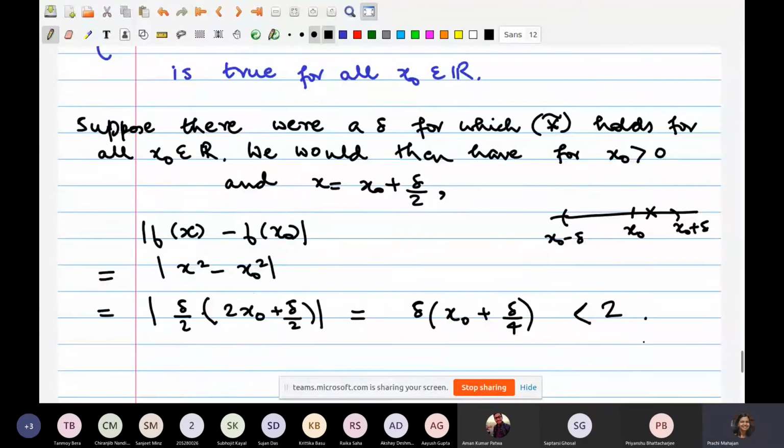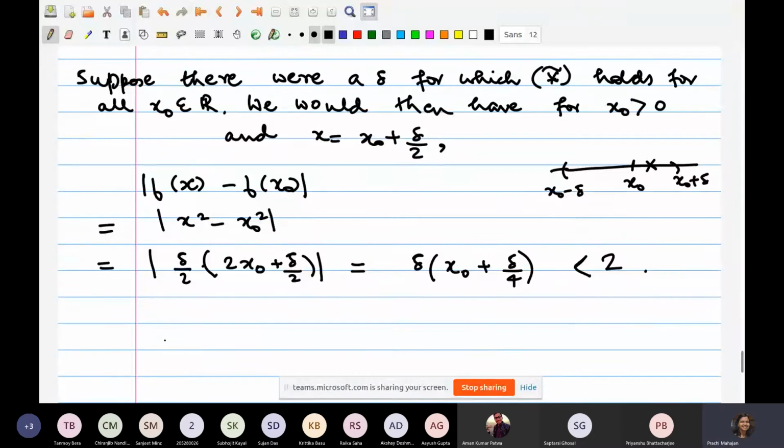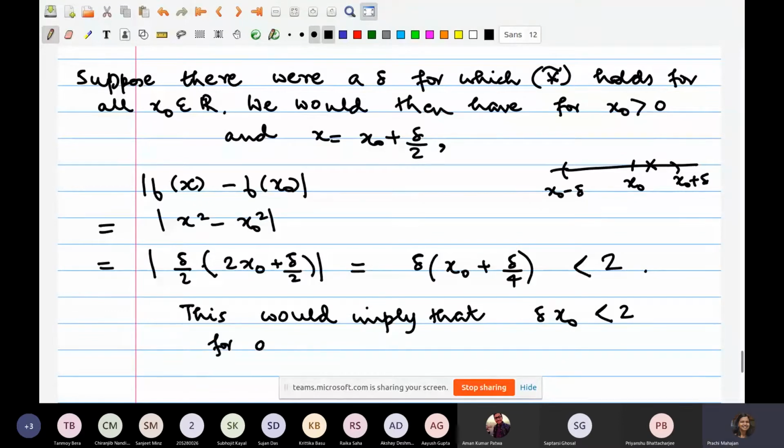So delta times x naught is smaller than delta times x naught plus delta by 4, everything being positive, which would imply that delta times x naught is strictly less than 2 for all the points x naught which are positive, for some fixed positive delta. Can this happen?